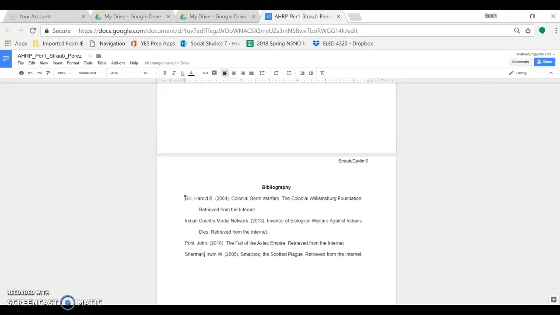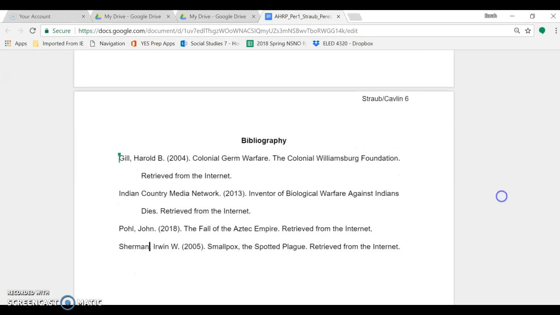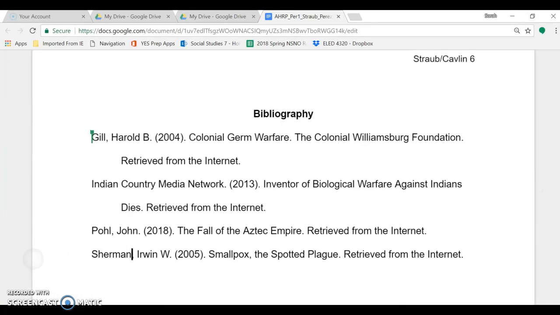My bibliography has 4 sources, and they go in alphabetical order. I've got G, I, P, S. G is first in the alphabet, A, B, C, D, E, F, G, H, I, J, K, L, M, N, O, P, Q, R, S. So I've got all 4 of my sources.